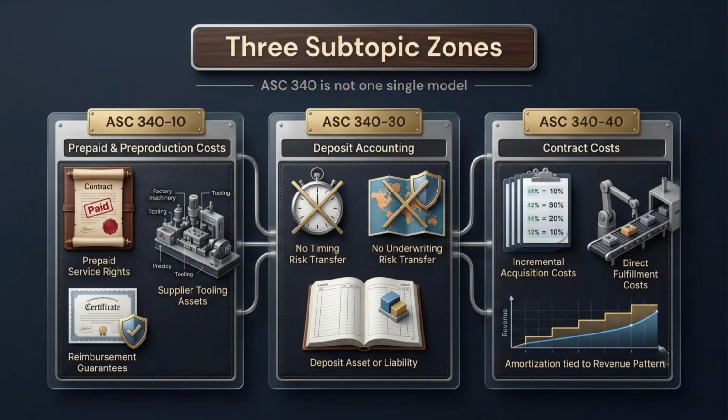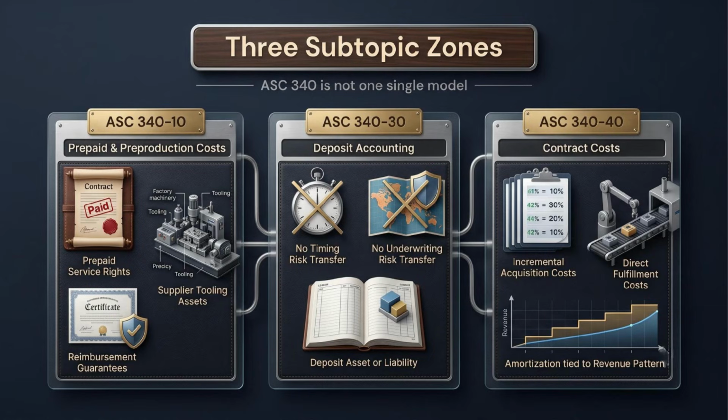ASC 340 has three different zones, and we must not mix them. ASC 340-10 deals with prepaid expenses and selected pre-production costs under long-term supply arrangements. ASC 340-30 deals with insurance and reinsurance contracts where risk transfer is absent or incomplete, so deposit accounting may be required.